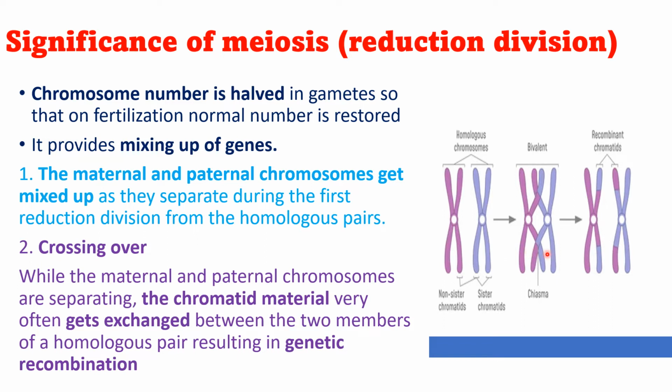The chromatid material very often get exchanged between the two members of a homologous pair, resulting in genetic recombination. Here you can see. Then the point of contact between two non-sister chromatids during crossing over, the point of contact we call it as chiasma. Chiasma formation will occur during crossing over.